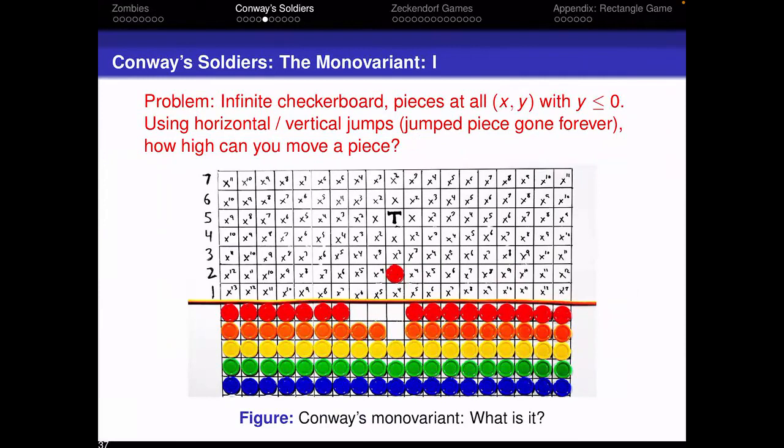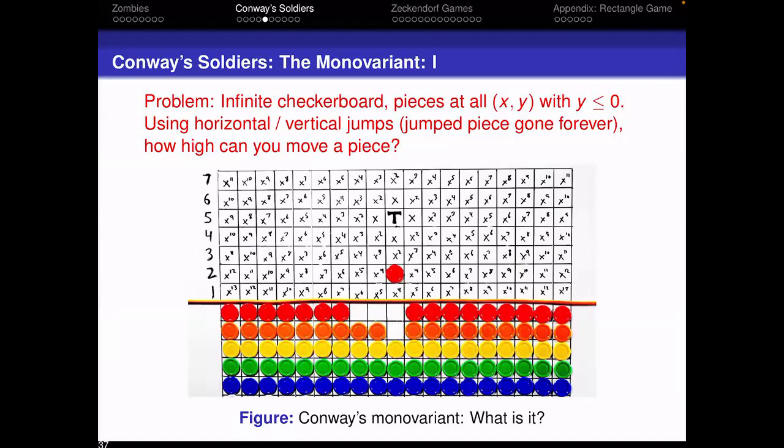We have some target that is 5 units up, and we might as well assume that the x coordinate of the target is 0. It's at the point (0, 5), and the goal is, can we get a piece that high? We're going to put a value at every point on the infinite plane.